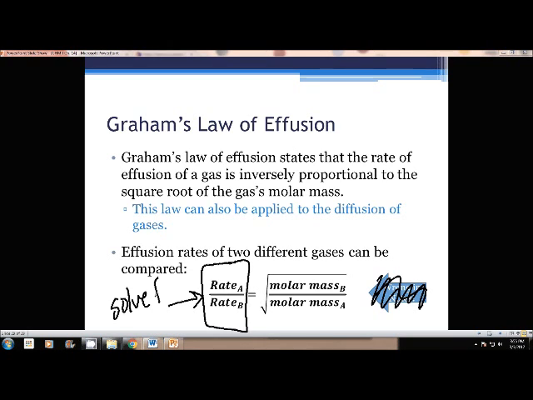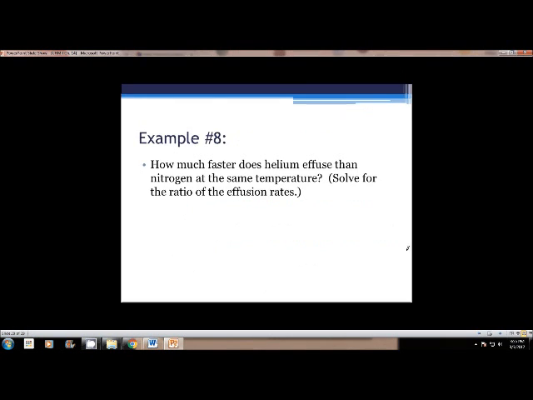Whenever I set this up, you're going to be given chemical compounds and you plug in molar masses and then solve for the square root of that. I always put the bigger on top because that makes a nicer, more whole square root of whatever the number is. So let's try example 8.